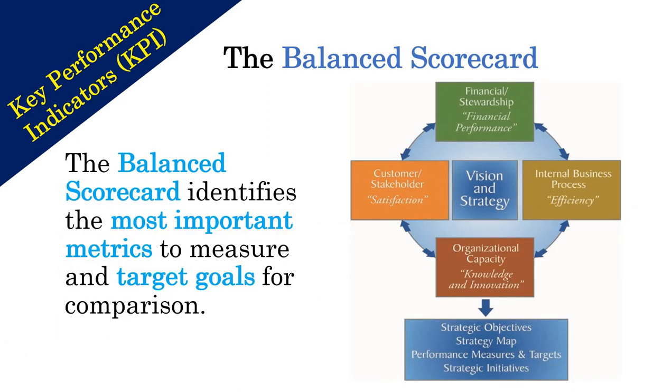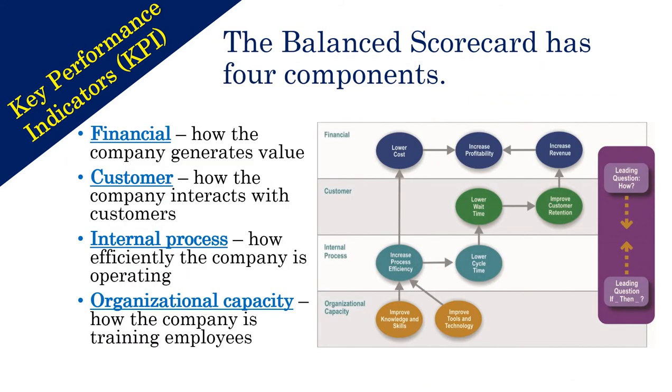The balanced scorecard is used normally to measure different performance areas: financial, customer, internal process, and organizational capacity. The balanced scorecard identifies the most important metrics to measure the target goals for comparison. Financial is how the company generates value.